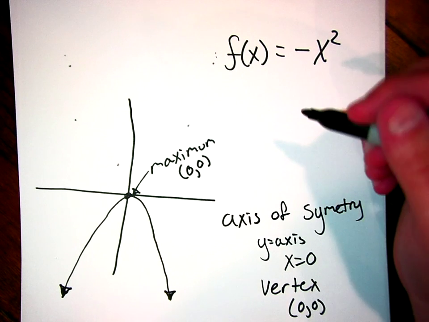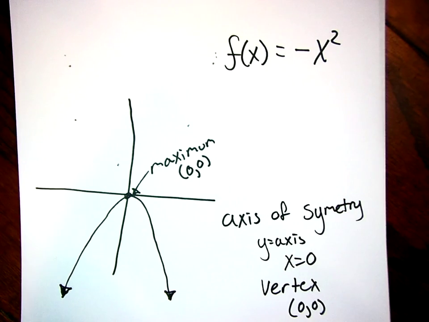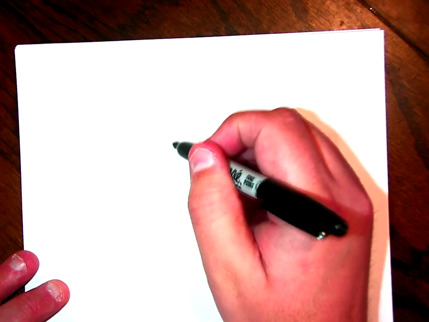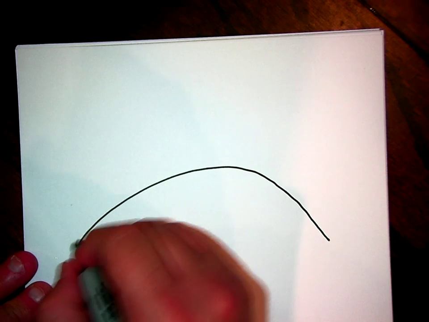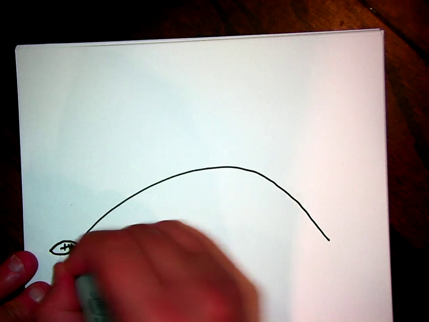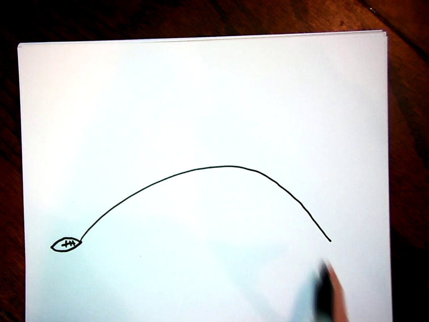Now, for what purpose would a maximum or minimum be relevant? Well, if you're talking about quadratic functions, especially quadratic functions that model a projectile flying through the air, perhaps. Somebody throws, let's say, a football, and we can model this throwing of the football as a quadratic curve.